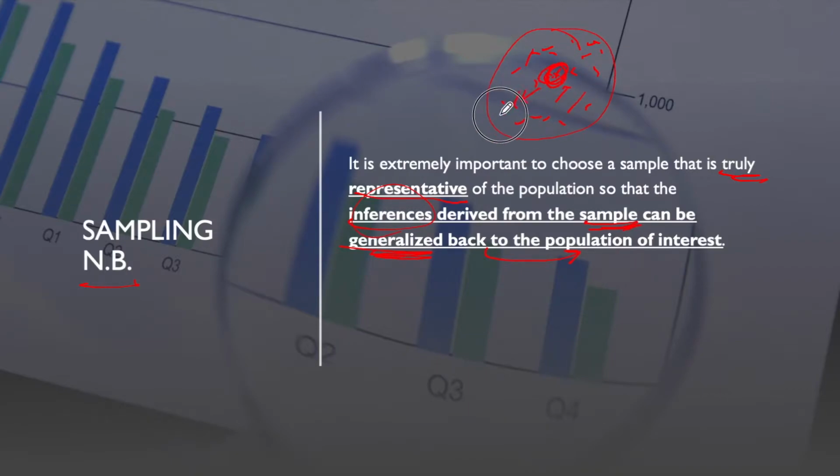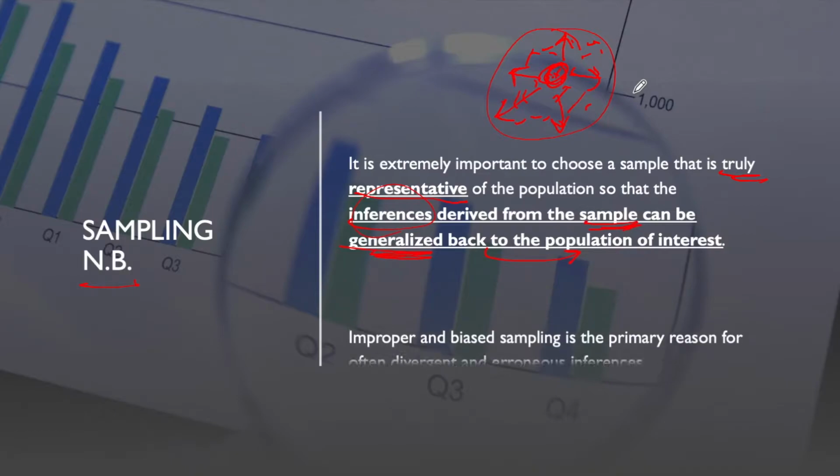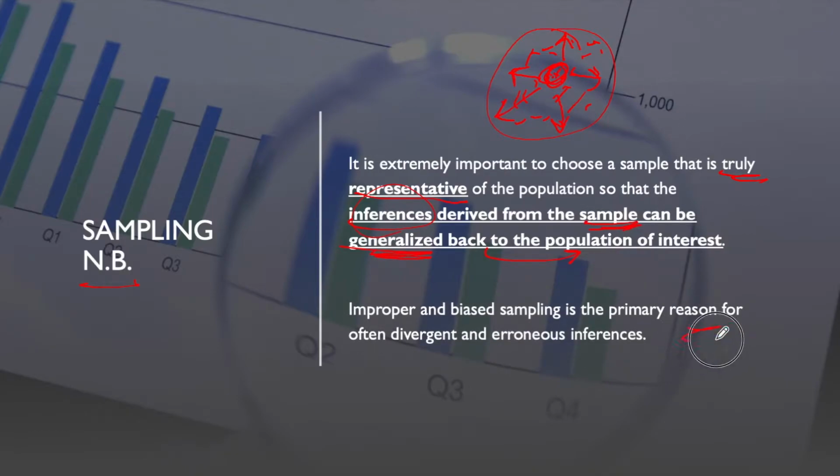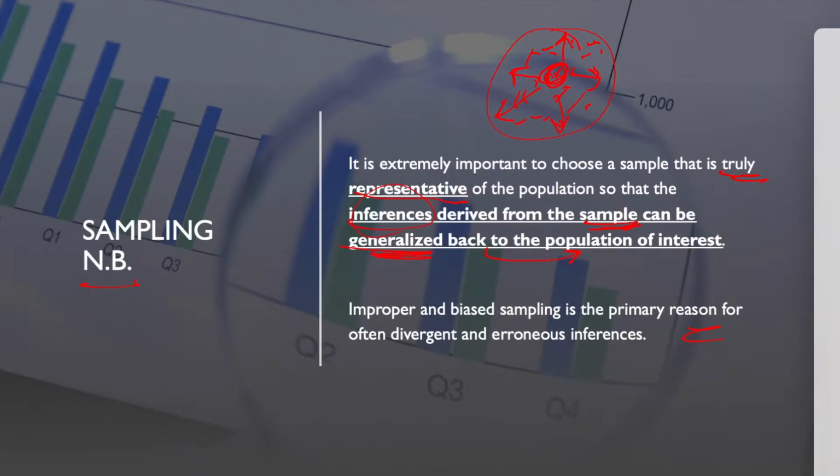It should represent the whole population, so that when you make generalizations, they will be reflected in the whole population. Improper and biased sampling is the primary reason for divergent and erroneous inferences, especially in different polling groups and those things.